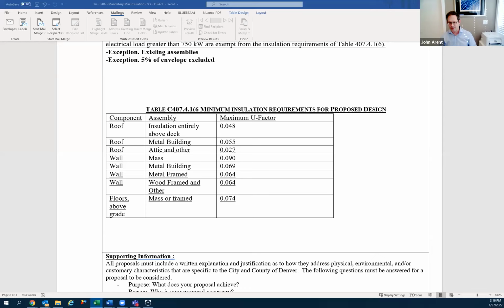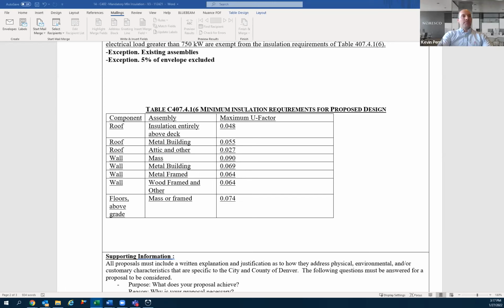Since it's not an increase in stringency per se, it doesn't require a demonstration of cost effectiveness. That makes sense. Thank you.